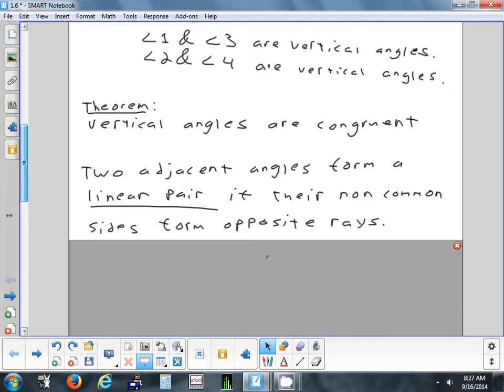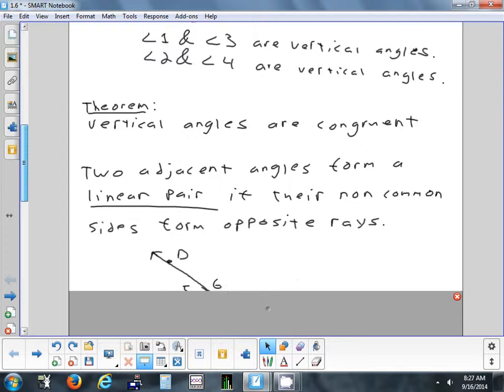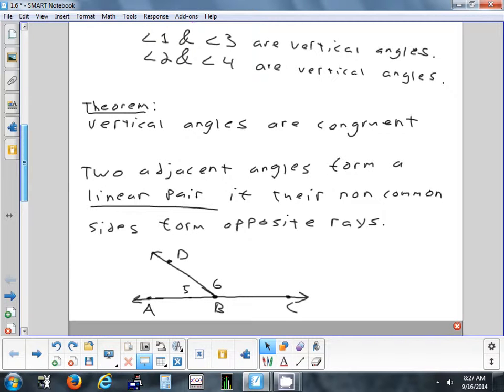Two adjacent angles form a linear pair if the side that they don't have in common forms opposite rays. Because to be adjacent, they have to have one side in common, but the side that they don't have in common forms opposite rays. Here's an example. Angles 5 and 6 are a linear pair. How do we know?